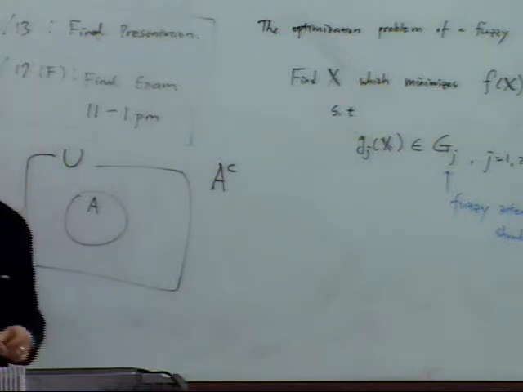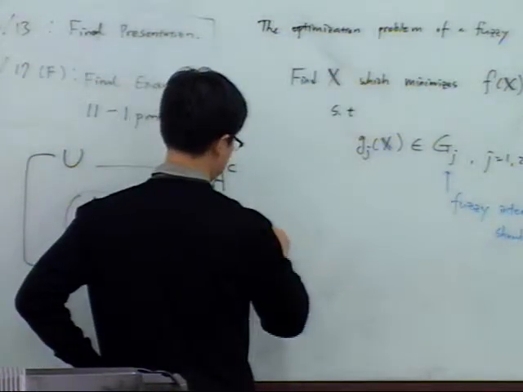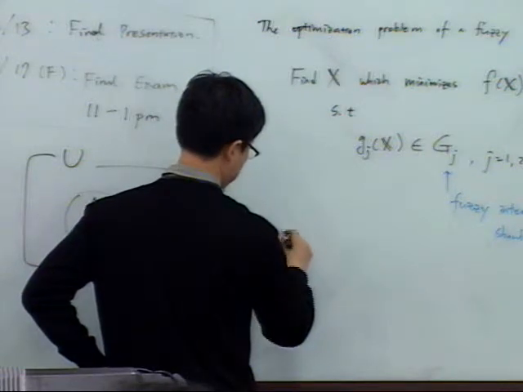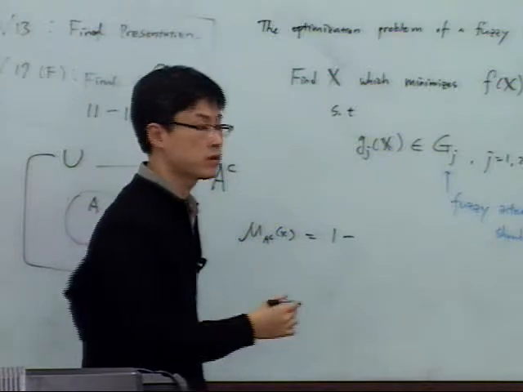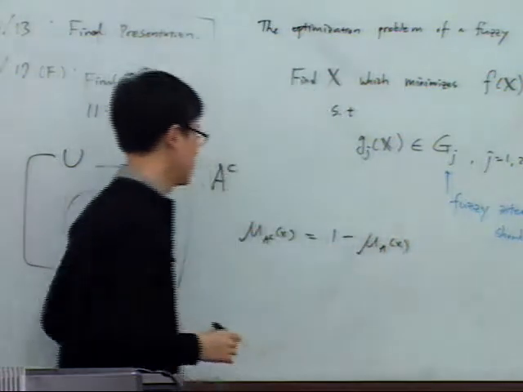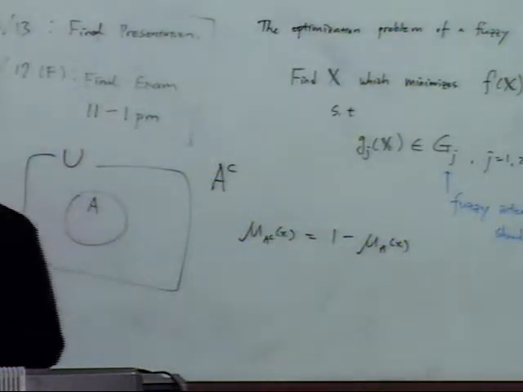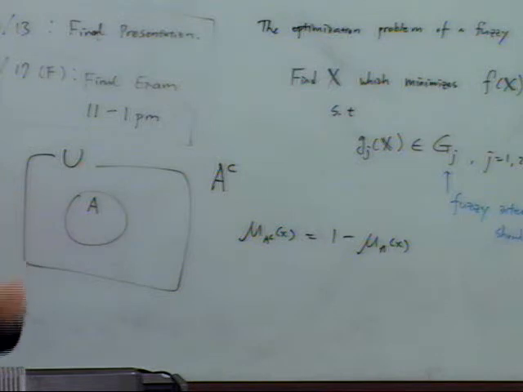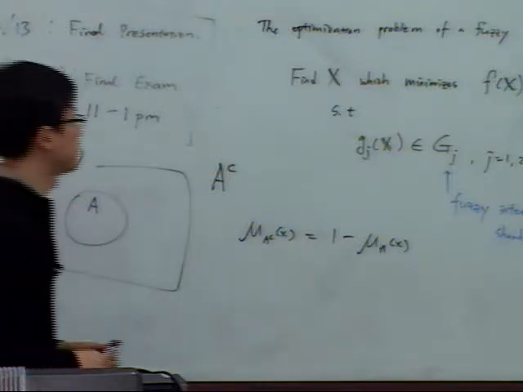And in a fuzzy system, it's nothing more than just 1 minus your membership function. Okay, question?